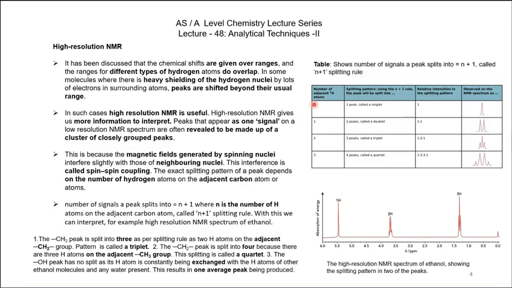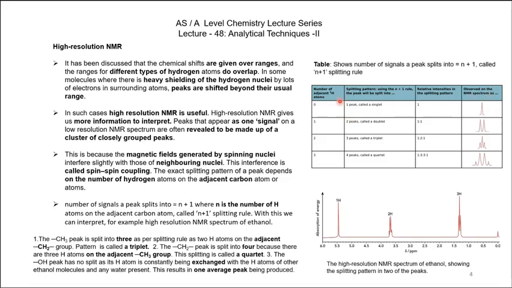In this table, this column is the number of adjacent hydrogen atoms, this is the splitting pattern using the n plus 1 rule, and this is the relative intensities in the splitting pattern observed on the NMR spectrum.